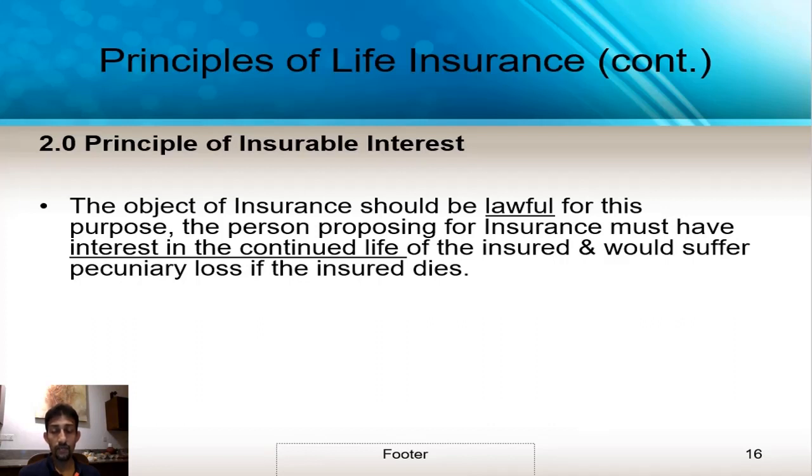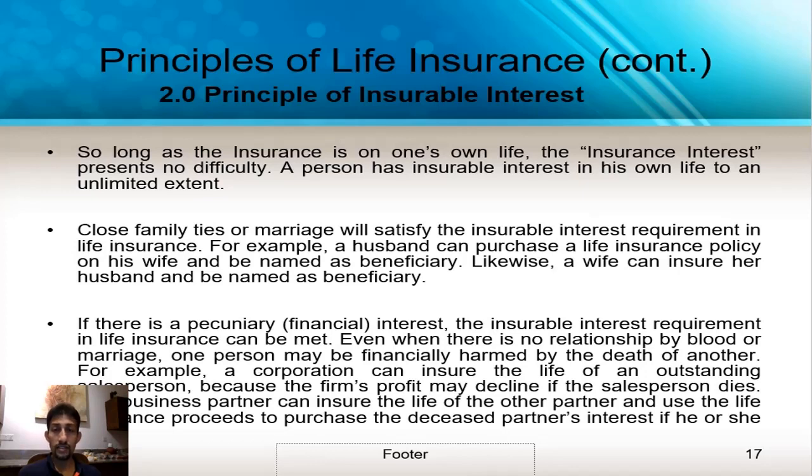For example, you have an insurable interest, and that insured person may go through a death, and due to that death you may go through a financial loss, and that loss should be measurable. So this gives another perspective. Not everybody can go through an insurance contract unless you have an insurable interest.